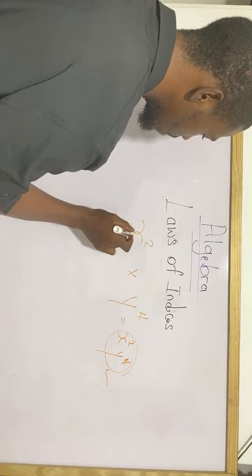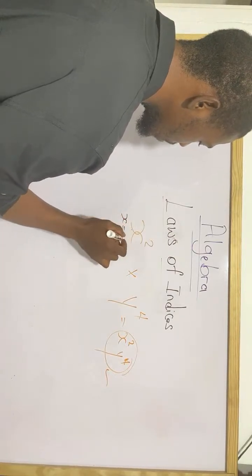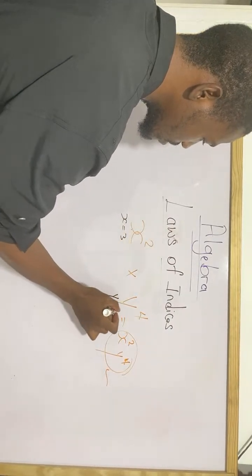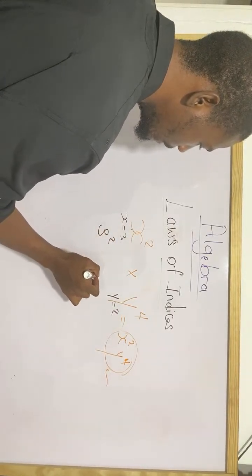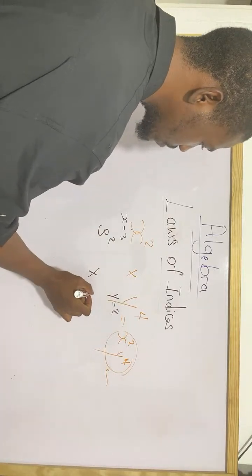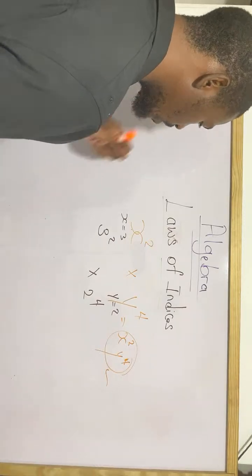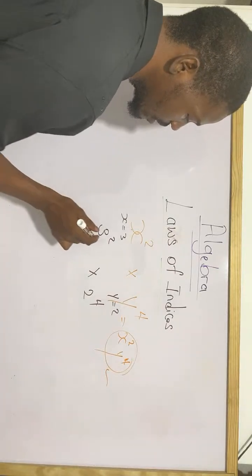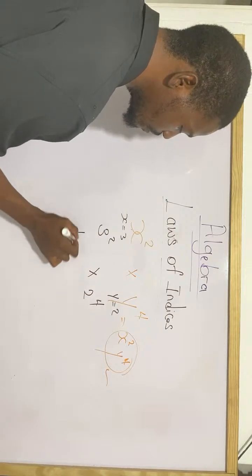So say, for example, the x is 3 and the y is 2. So we have 3 squared multiplied by 2 to the power of 4. The correct thing to do, understanding the PEMDAS order of operations, is that we have to evaluate this first.